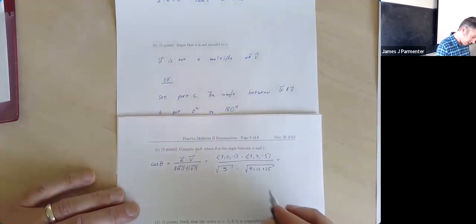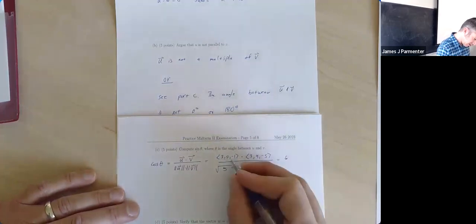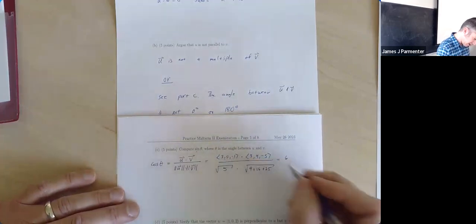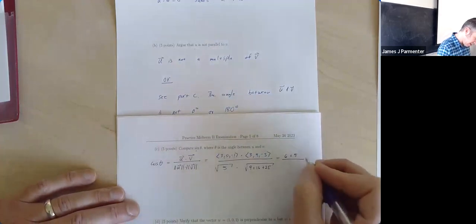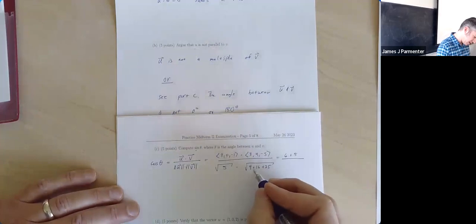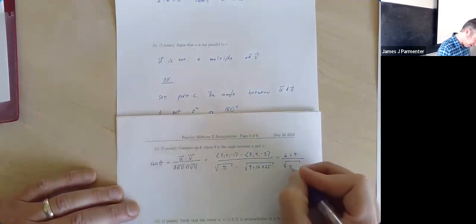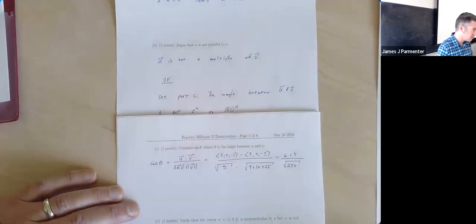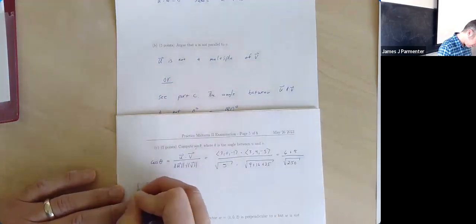So we get the dot product, which is 2 times 3 plus 0 times 4 plus -1 times -5, so 6 plus 5 on top. And the bottom is the square root of 5 times the square root of 50, which is the square root of 250. Interesting. So this ends up equaling 11 over the square root of 250.